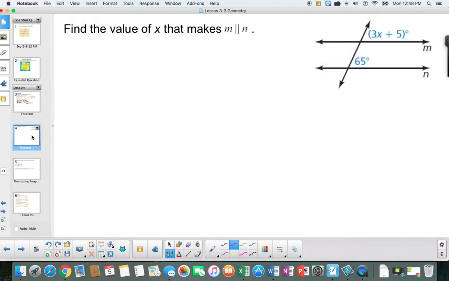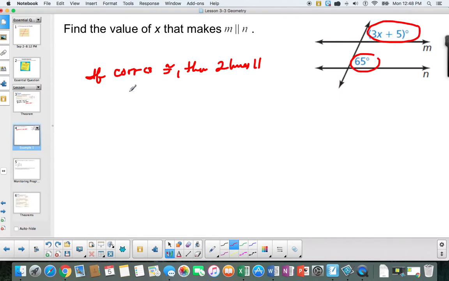Let's take a look at this example. We want to find a value of x that makes m parallel to n. So far, we only have one theorem that we can use. If corresponding angles are congruent, then the two lines are parallel. So these are corresponding angles. If I can make them congruent, then I know the lines will be parallel.